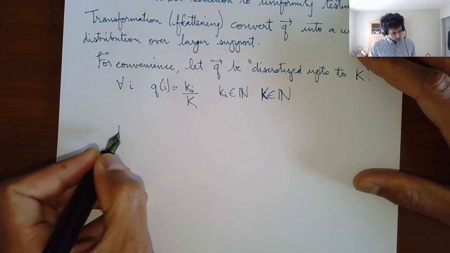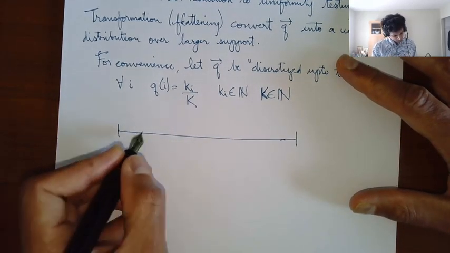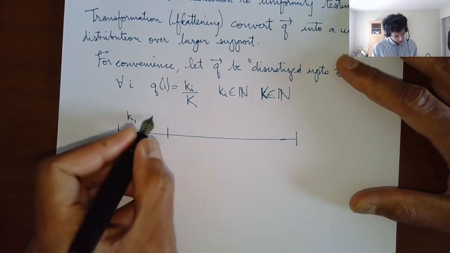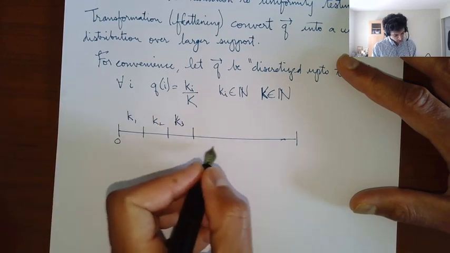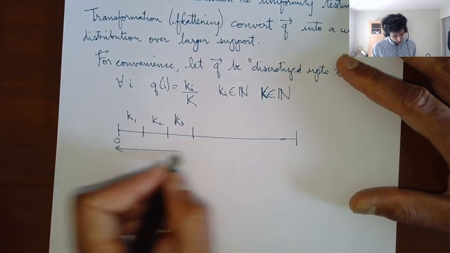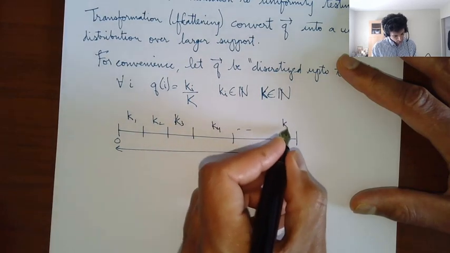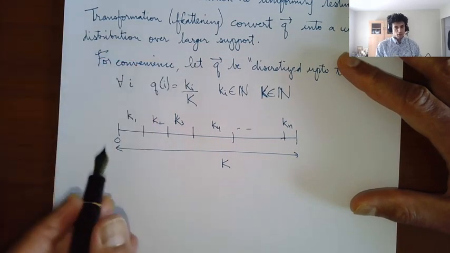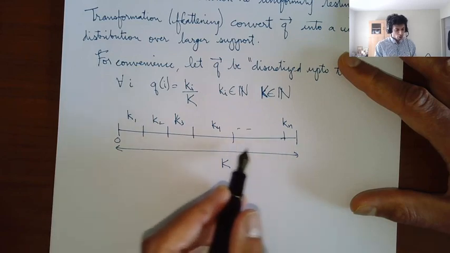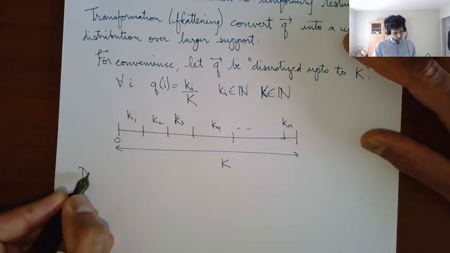So now it's one way to think about this distribution. Let me write this as K1, K2, K3, so let me start from 0, and this is, of course, K4, and so on and so forth. Right? So drawing from Q is equivalent to drawing uniform over K and then picking the interval that you fall into.